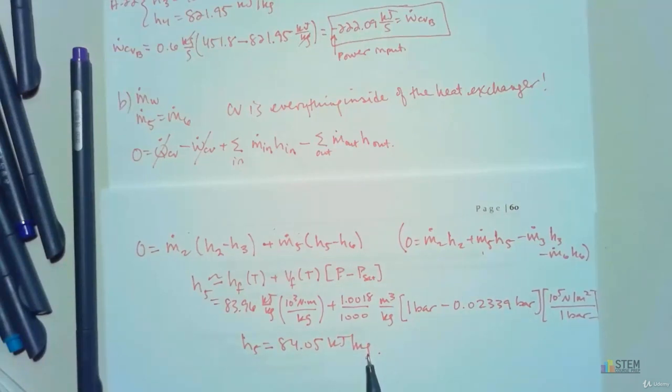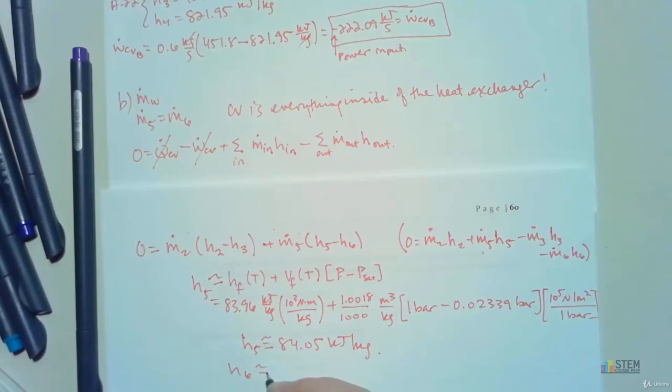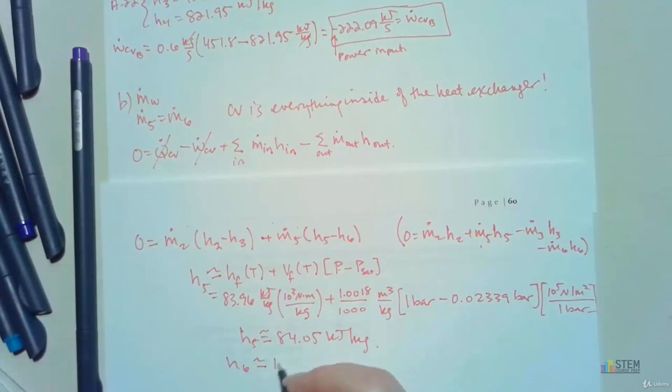Right, so now we have that. And then H6, you're going to do the same thing. So you would just use the same equation. You're just going to look up your values at a temperature of 30 degrees. Let's put approximately here. So H6 will approximately be 125.89 kilojoules per kilogram.